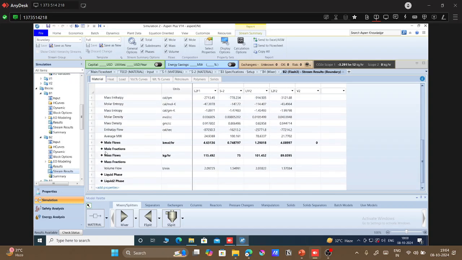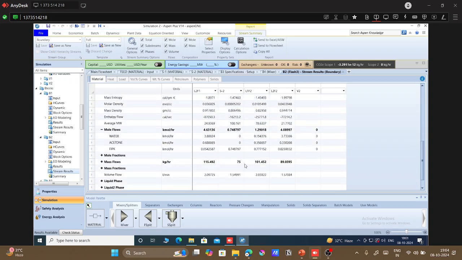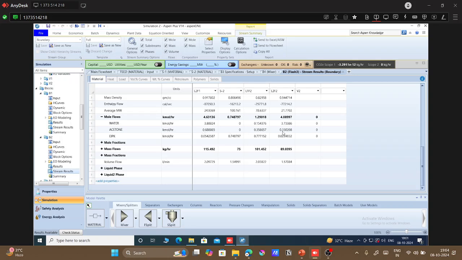In the second flash column, again the acetone is being removed by EIPK. So the first liquid will contain EIPK, acetone and some amount of water, while the second liquid will contain mainly water.